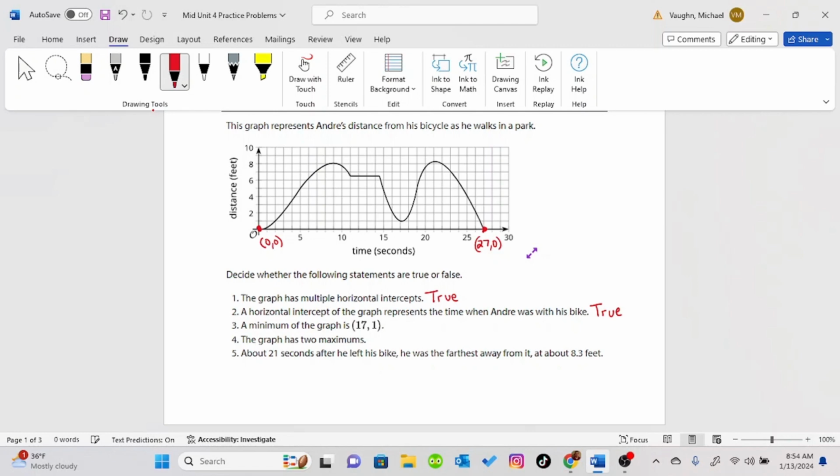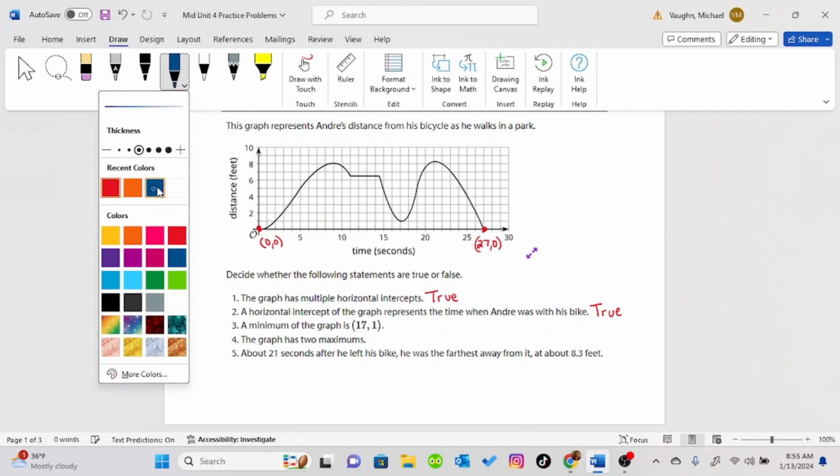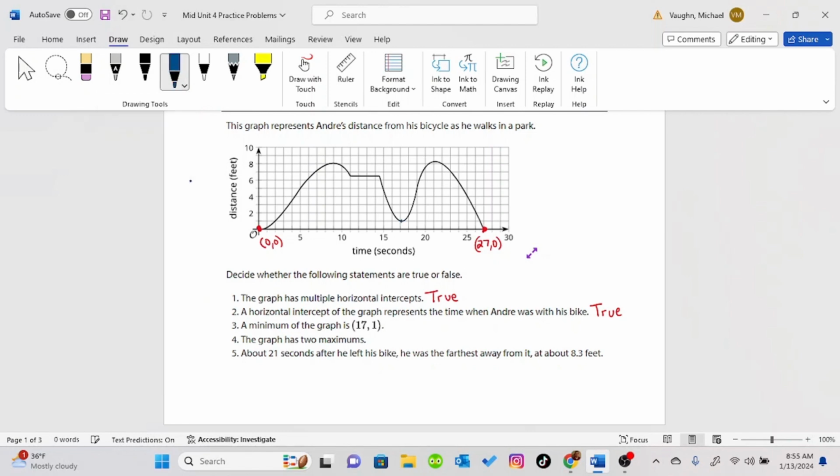Number 3, a minimum of the graph is 17, 1. So a minimum is the lowest point on the graph. And at 17, 1, we would be right in this area here.